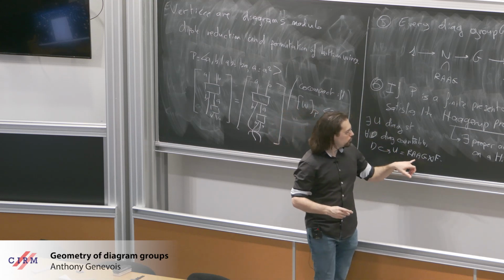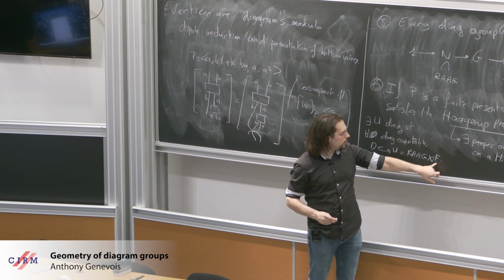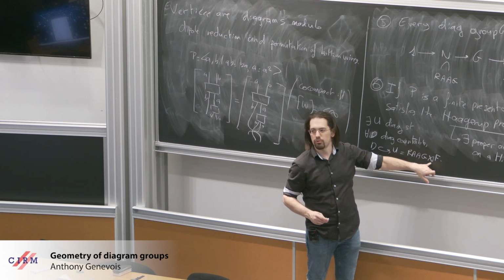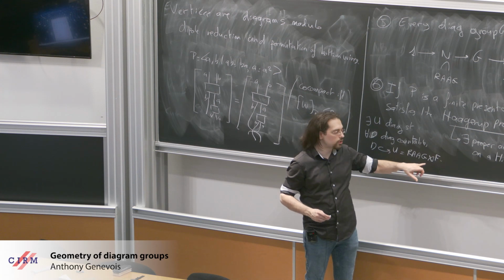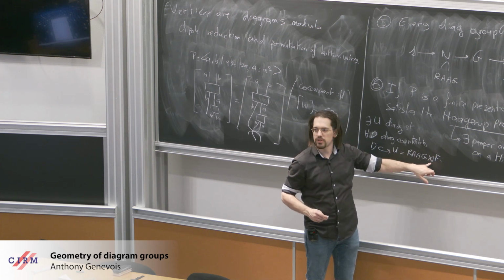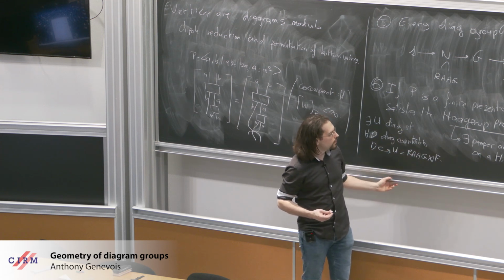Now this group is bi-orderable, this one is, and you have to check that it's possible to extend these bi-orders through the semi-direct product, which is not obvious, but the decomposition is completely explicit and you can do it. So it's not entirely satisfying.